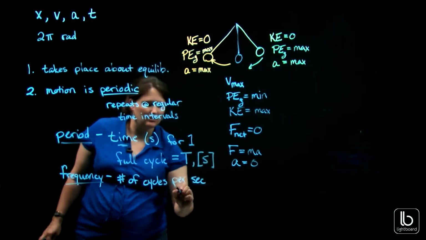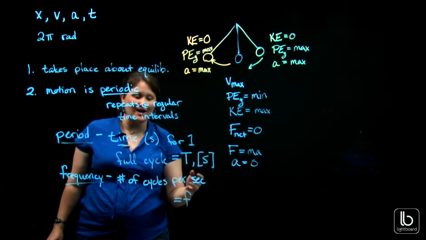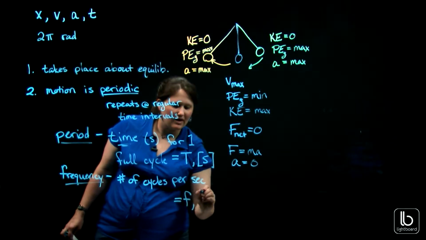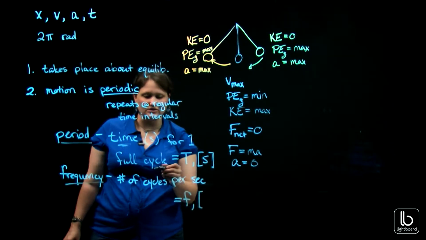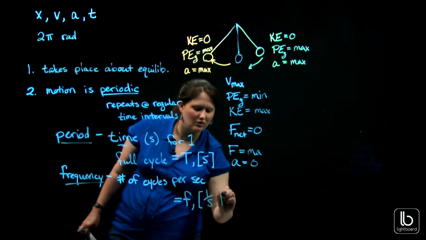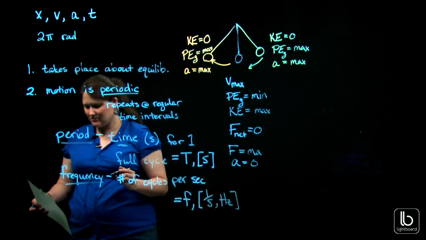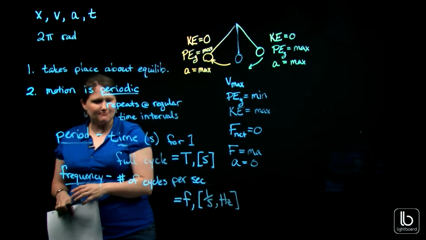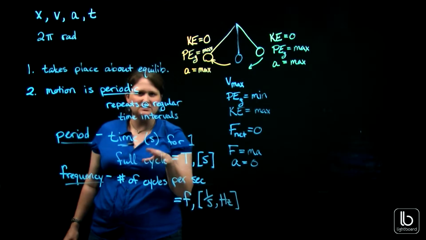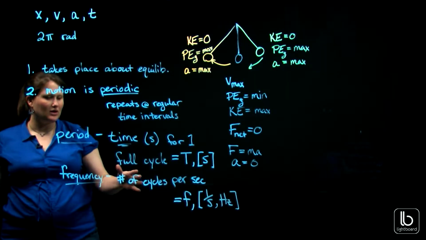For frequency, we represent that in our equations with the letter F. And it has units of cycles per second, so 1 over seconds, or hertz. Now, it may seem a little confusing sometimes that we drop cycle as an actual unit.